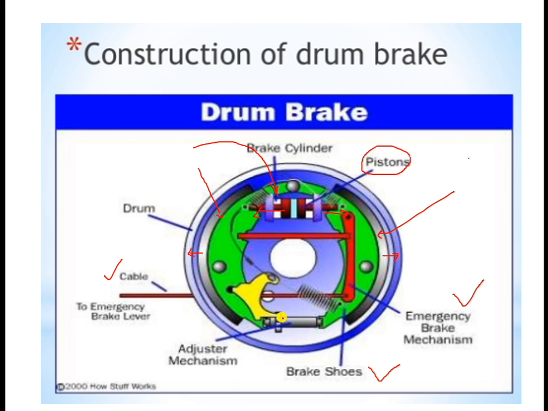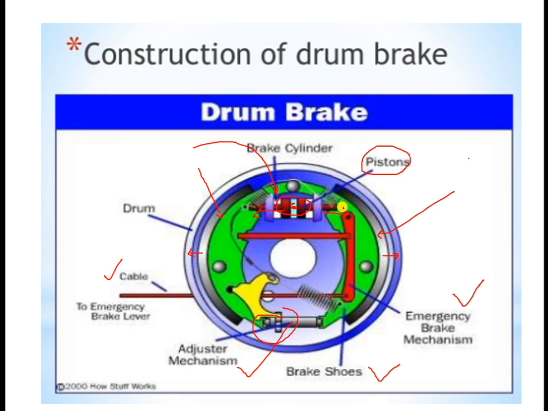This is the adjuster mechanism, for whether you want a higher, immediate braking action or a slower braking action. Whenever you press the brake pedal, these pistons move in opposite directions. Instead of this, a cam-like structure with somewhat curved parts is also available, which is pivoted and moves as per the requirement.